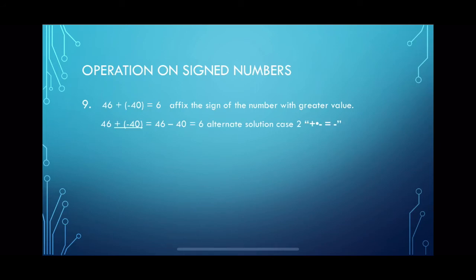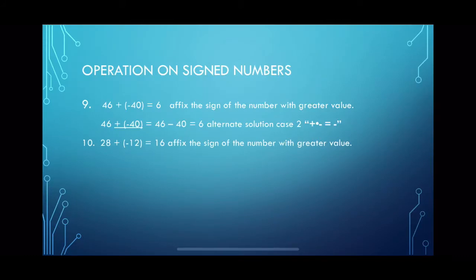So for the alternate solution, we have 46 plus negative 40. Again, this follows case 2, which is positive multiplied by negative is equal to negative. So therefore, 46 plus negative 40 can also be written as 46 minus 40, which is equal to 6. For number 10, we have 28 plus negative 12 is equal to 16.